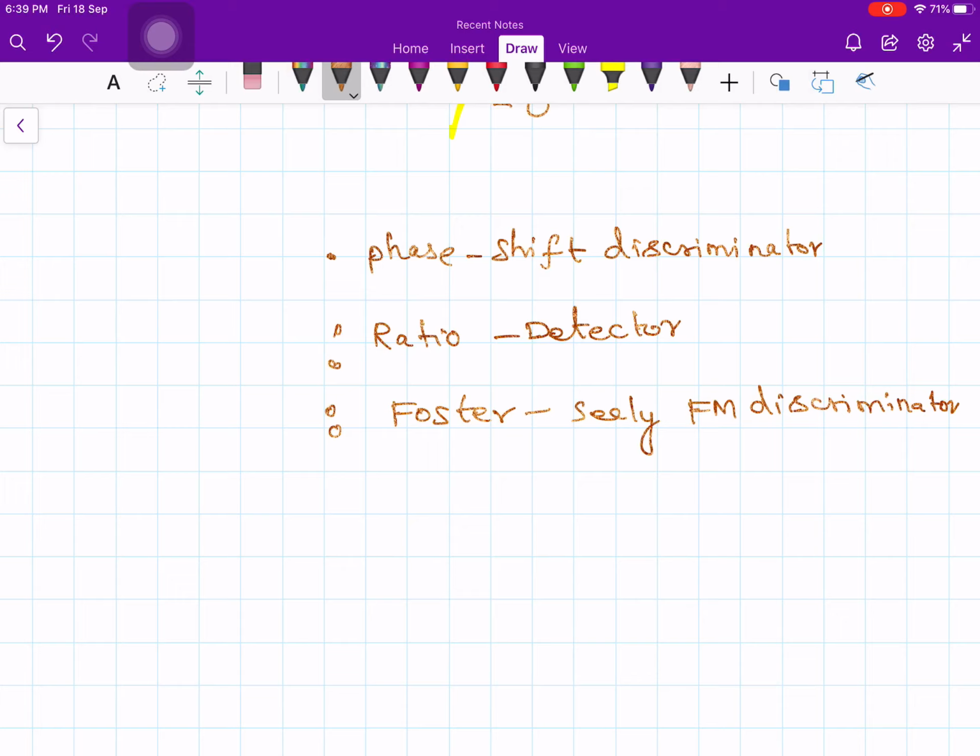Now let us look at the mathematical theory for slope detection. Maybe I will talk about this in the next lecture. Let me stop at this point. In the next lecture we will talk about the mathematical theory of slope detection, how the slope is detected. So mathematically we will see that.